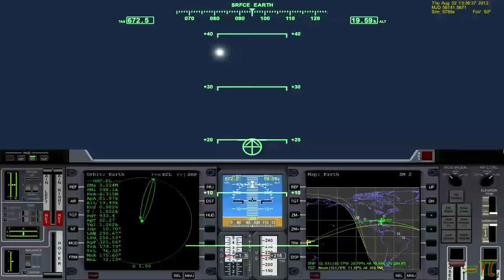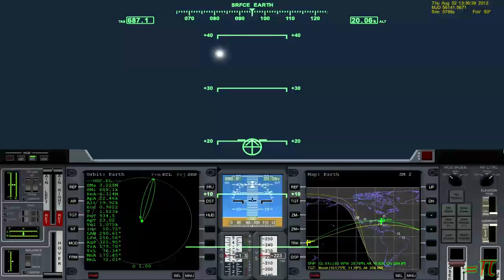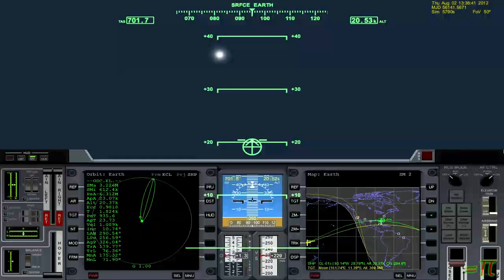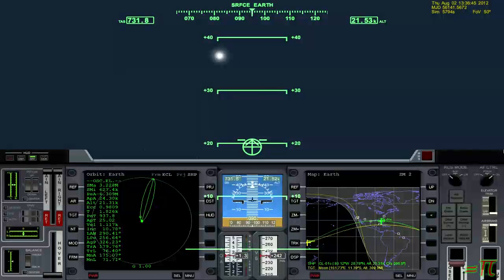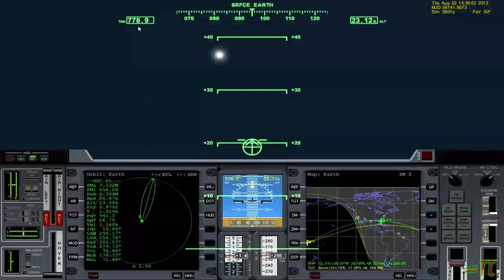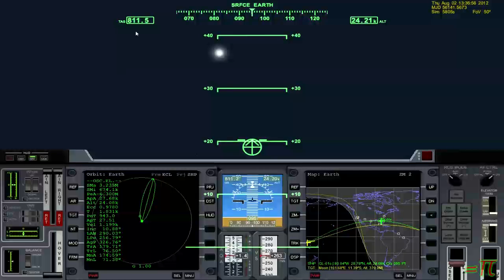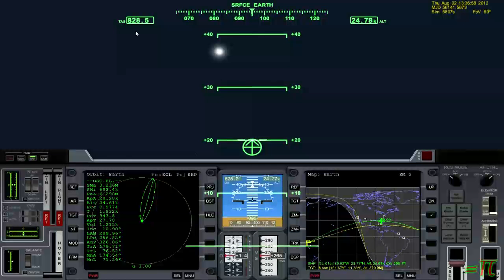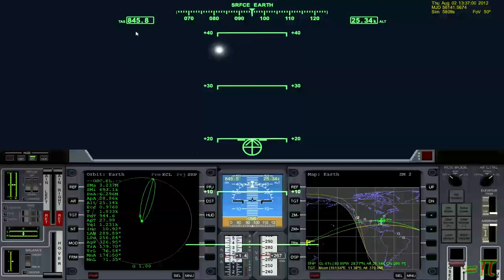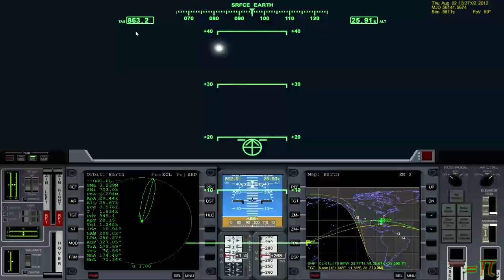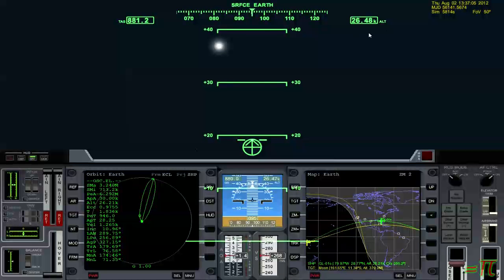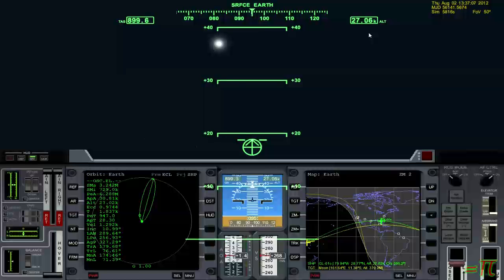Climbing good. We need this number here to reach about 7,500 meters per second, roughly speaking, to achieve a stable orbit. Our altitude at that point will be about 120 kilometers.